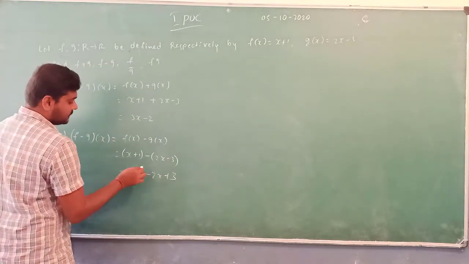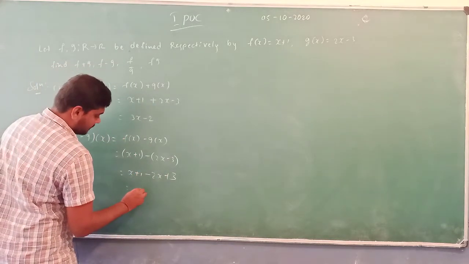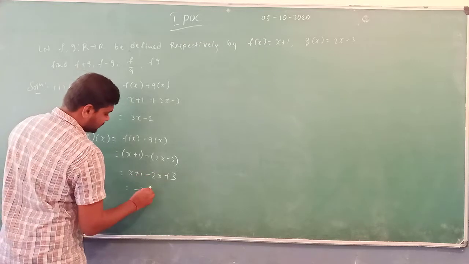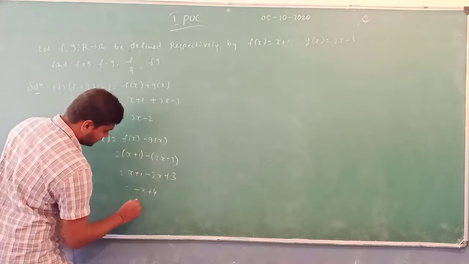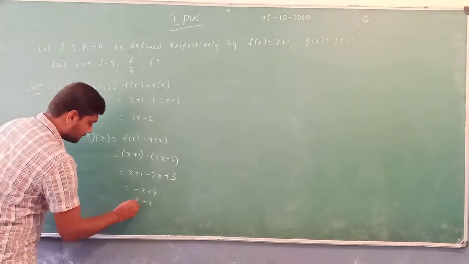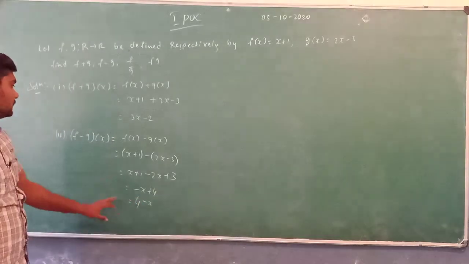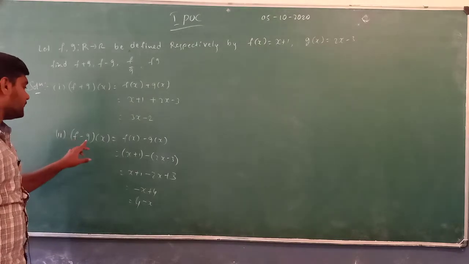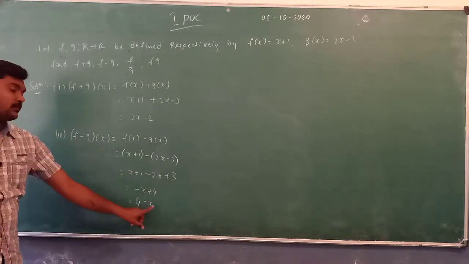So x minus 2x, that's going to be minus x. 1 plus 3, that's going to be 4, so we can write 4 minus x. The solution of f minus g of x is going to be 4 minus x.